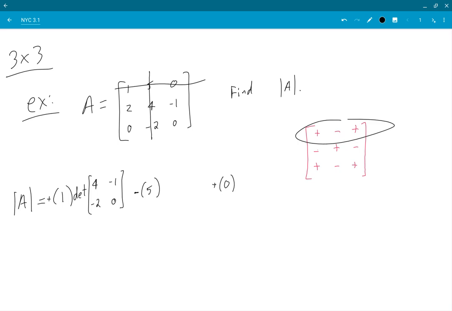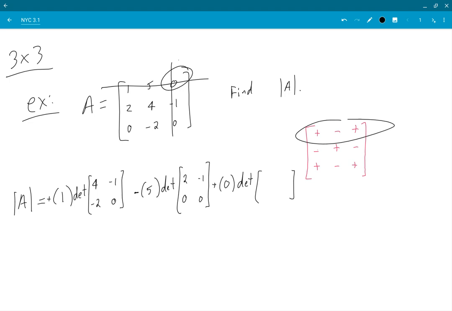Delete the column, delete the row, and what's left, you get the determinant of 2, 0, -1, 0. Next, here's my 0. Delete the column, delete the row. 2, 4, 0, -2.